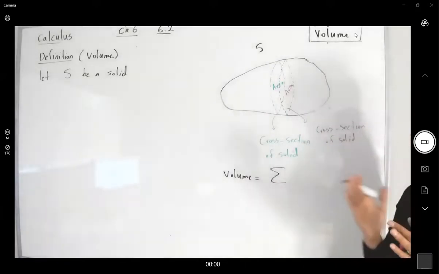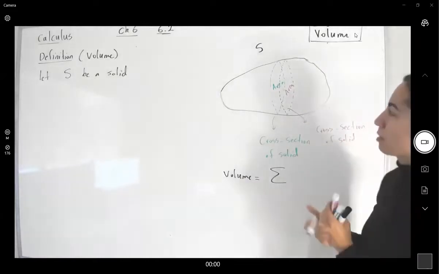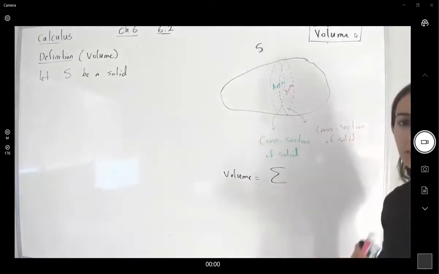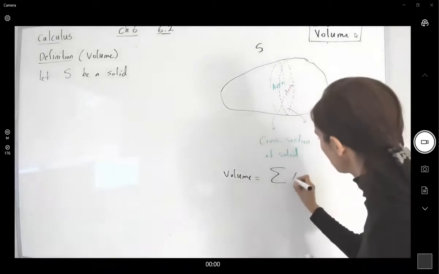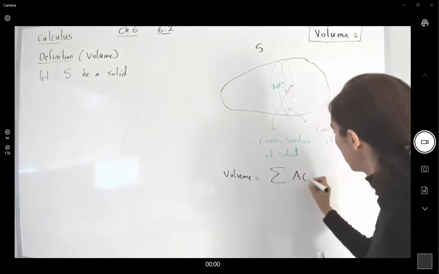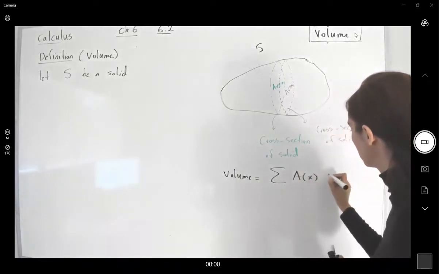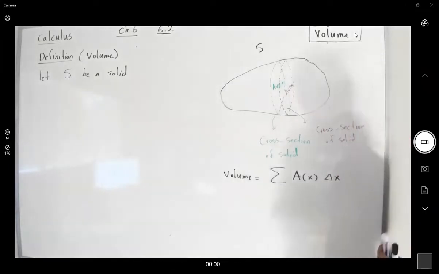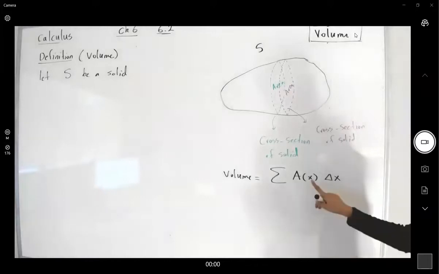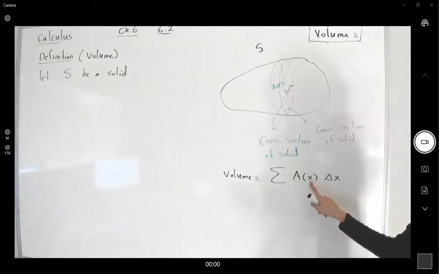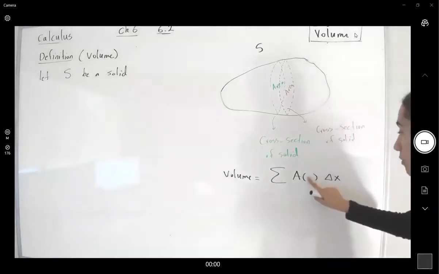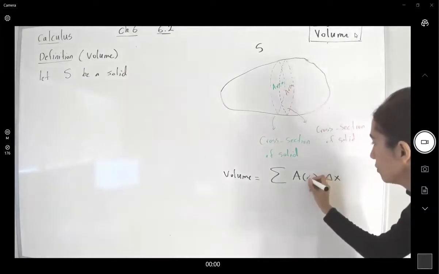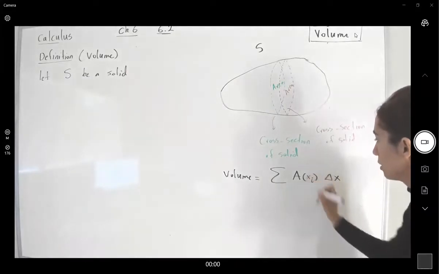So remember that as long as we are dealing with the summation, we have the Riemann sum of A of x delta x. Okay. So since we're dealing with some representatives of x values, we're using x sub i.